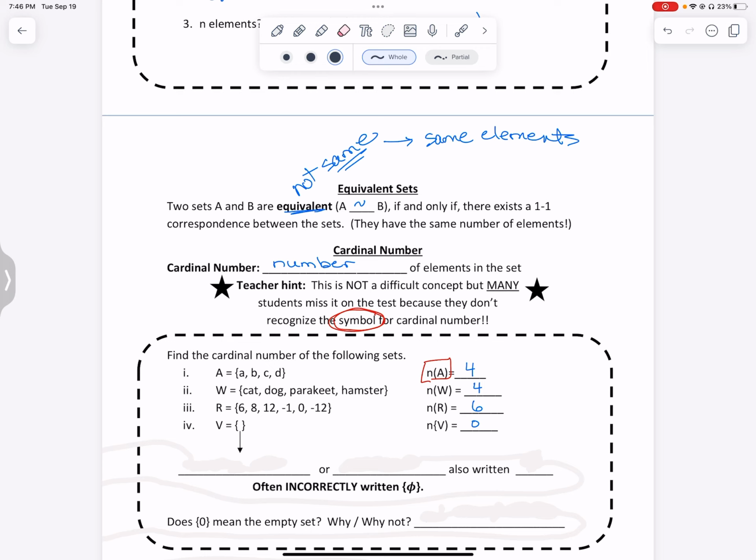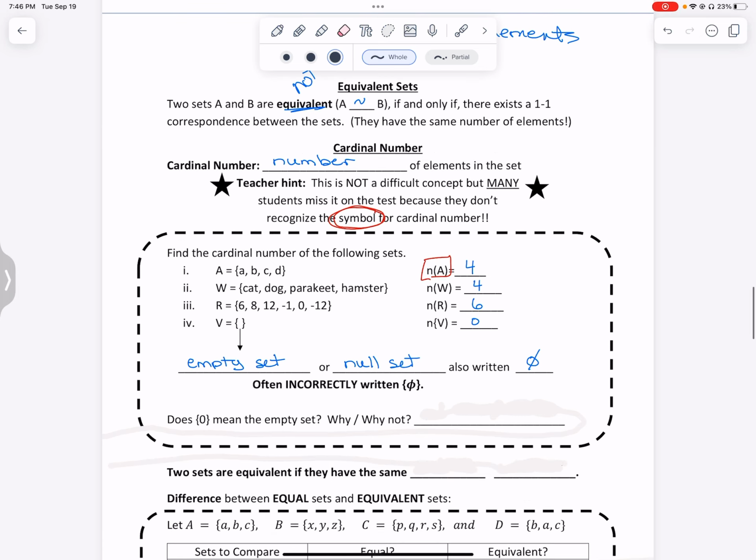Okay, this is called the empty set. It could also be called the null set, and it can be written with a 0 and a slash through it. Okay, so there's 2 ways of writing the empty set. You could write it like this, literally a set with nothing in it, or you could write it like that, a 0 with a slash through it.